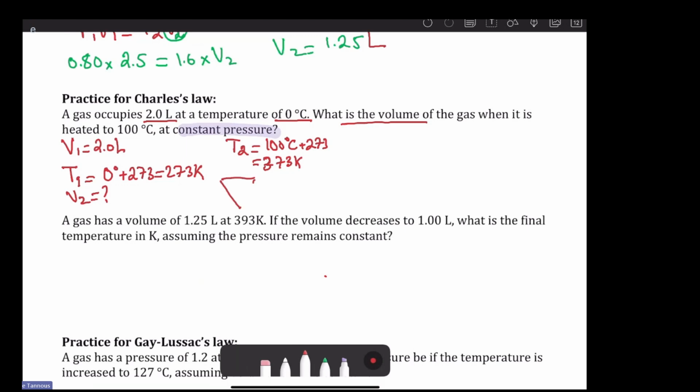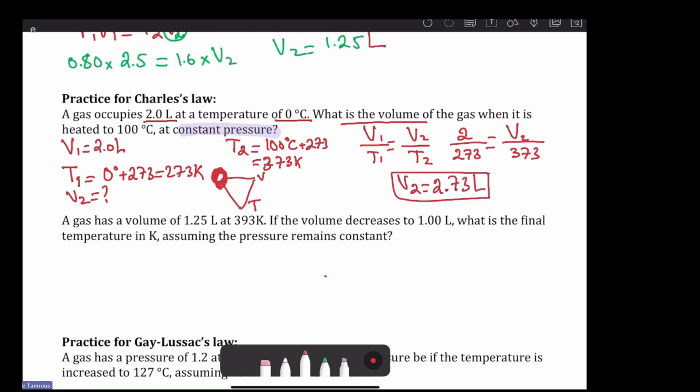In my triangle, PVT, constant pressure, so the formula is between V and T, Charles' law. So it is 2 over 273 equals V over 373. The answer is V2 equals 2.73 liter.